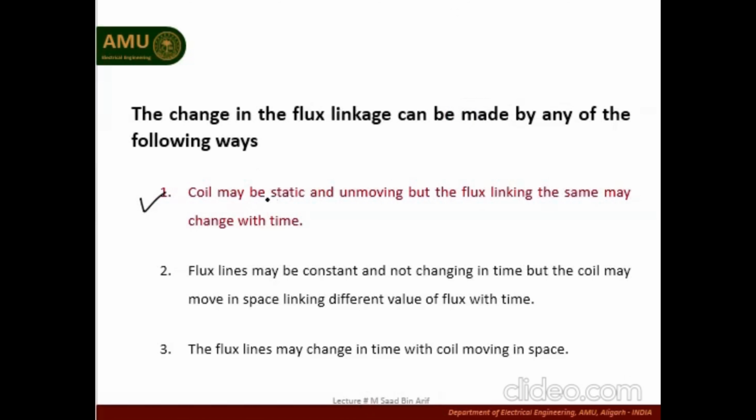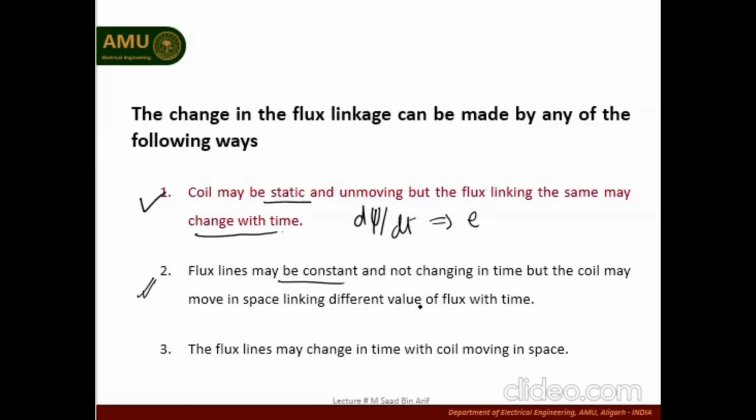If the coil is static and unmoving, and if we somehow change the flux with time, then the flux linkage with the coil changes. So in this case also, we will have a rate of change of flux linkage. This implies that EMF is induced in the coil. In the second case, the flux is constant but the coil is moving.